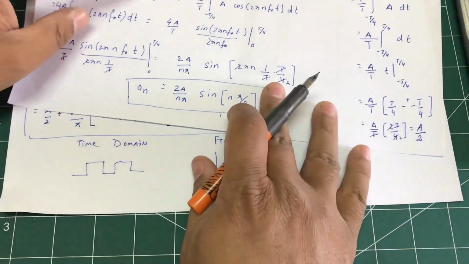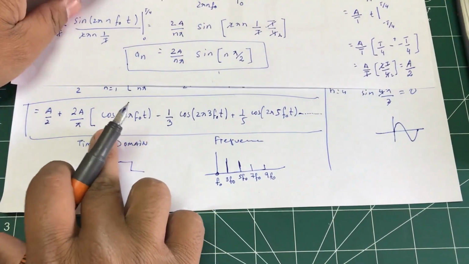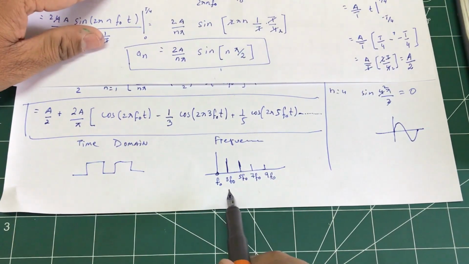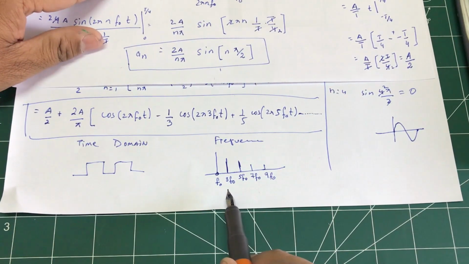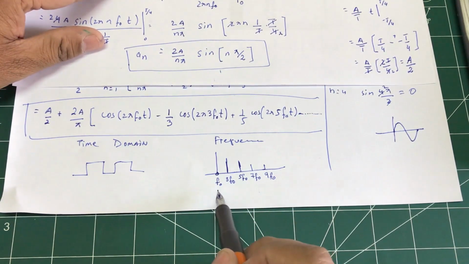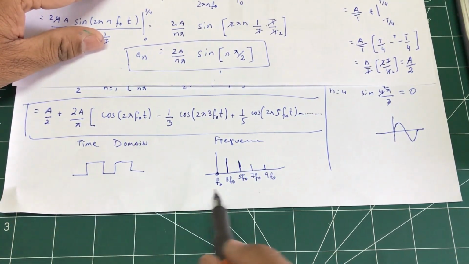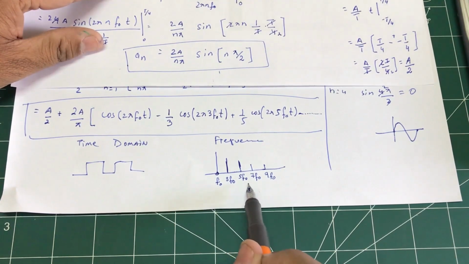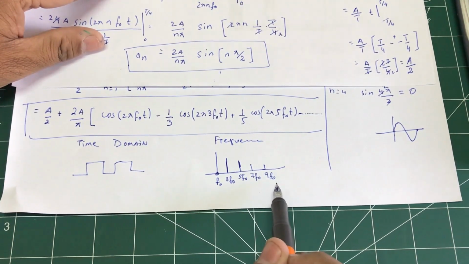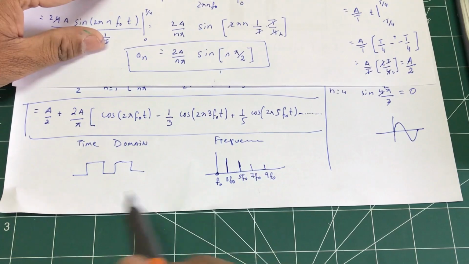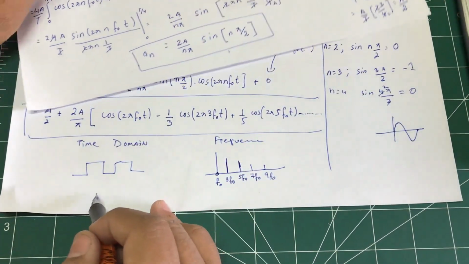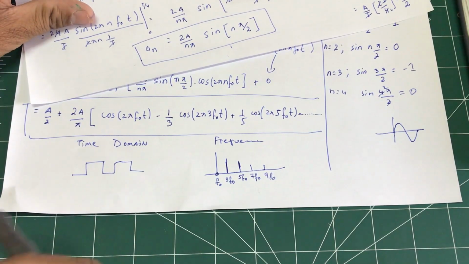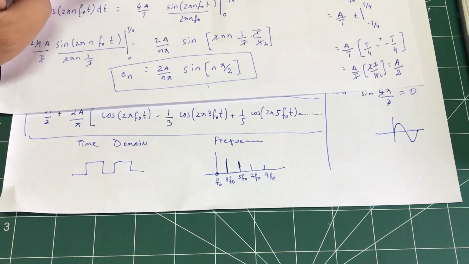This equation is showing me a signal that will have some fundamental frequency. Let's say it's 1 kilohertz, then the next is 3 kilohertz, then 5 kilohertz, 7 kilohertz, and 9 kilohertz. You would see individual components, because we know a square wave is made up of a lot of sinusoidal and cosinusoidal components.